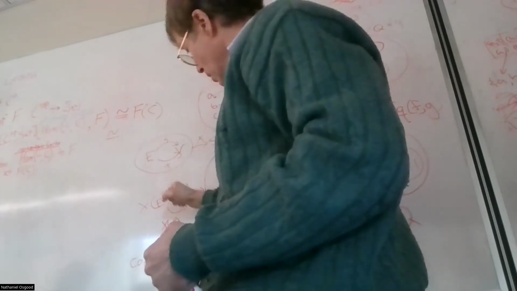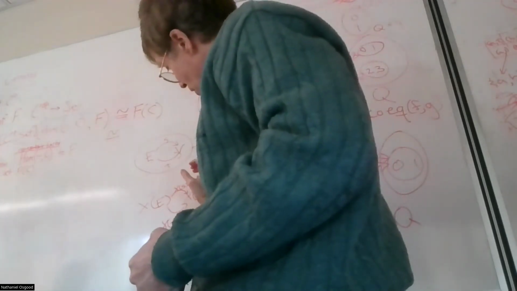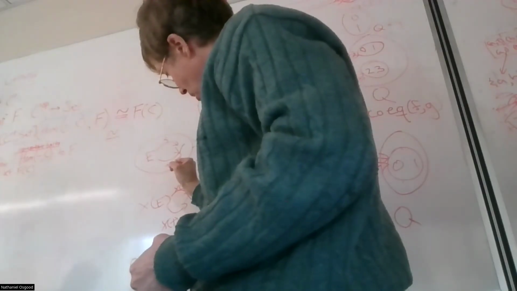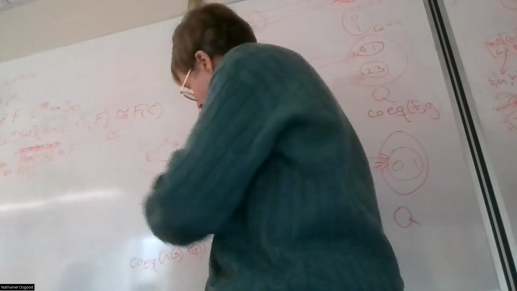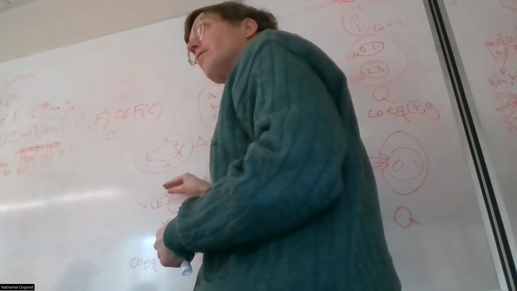A given vertex is clumped together with things, so any vertices that are separated by an edge are clumped together, right?